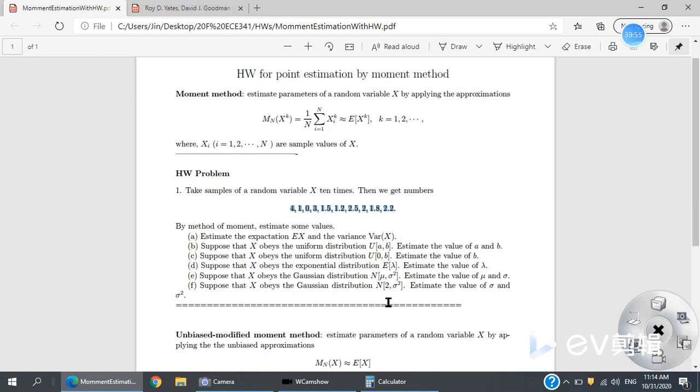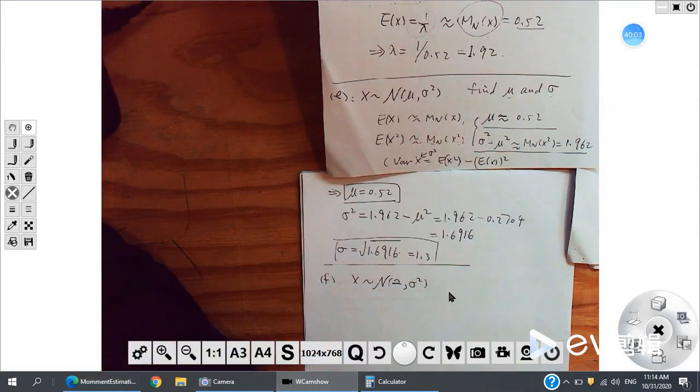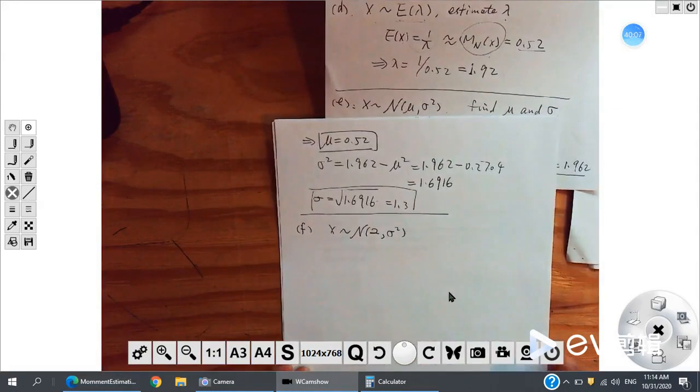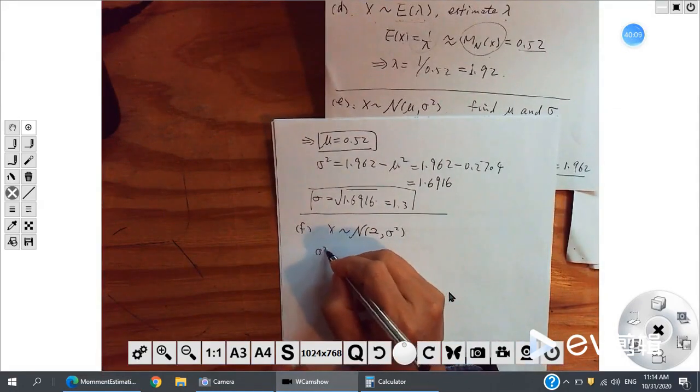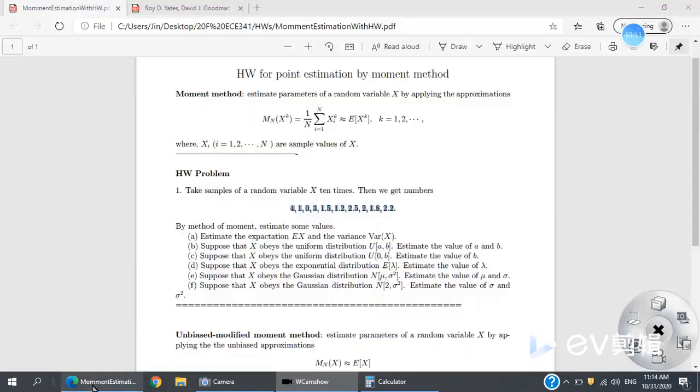Then the only thing is we want to estimate sigma squared. The question is to estimate sigma and sigma squared, both. Doesn't matter. We find one, then we have the other.